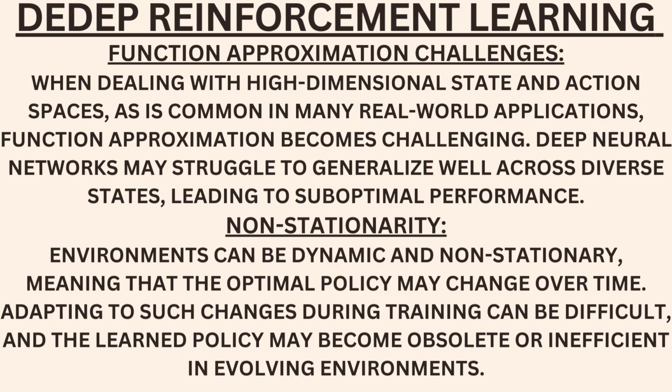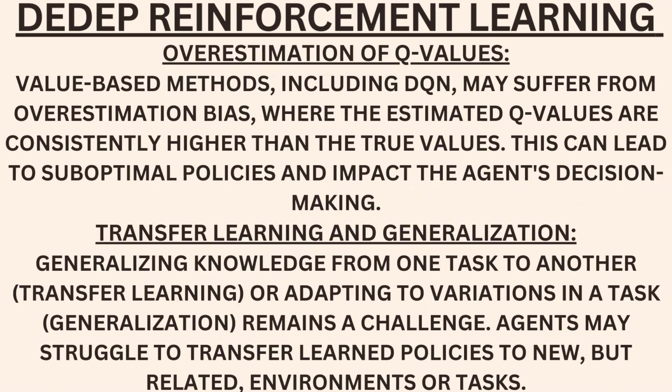Non-stationarity. Environments can be dynamic and non-stationary, meaning that the optimal policy may change over time. Adapting to such changes during training can be difficult, and the learned policy may become obsolete or inefficient in evolving environments. Overestimation of Q values.